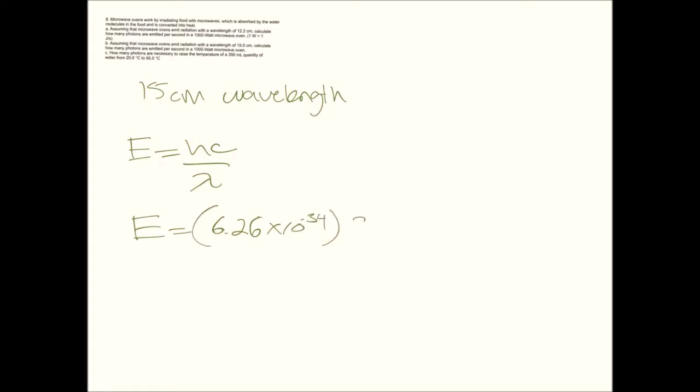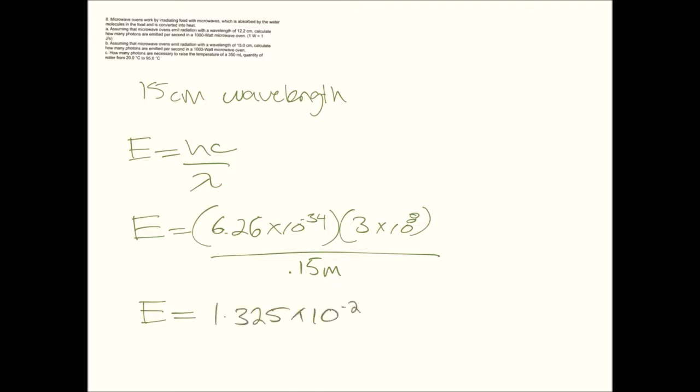It's Planck's constant times speed of light divided by 0.15 meters, and we get energy per photon is equal to 1.325 times 10 to the negative 24 joules per photon.